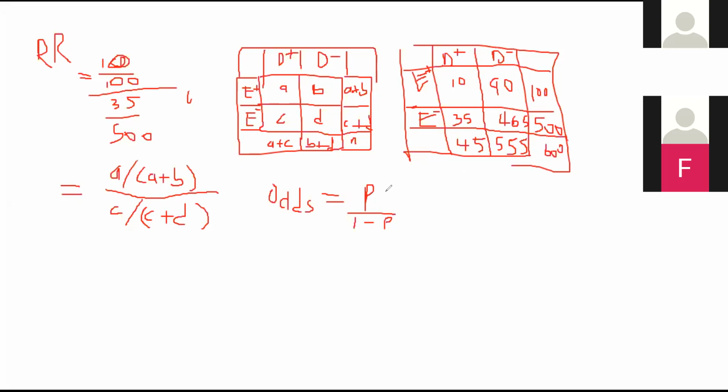Among these people that have this disease, what is the odds of smoking? It means the probability of smoking, which is 10 over 45, over the probability of not smoking, which is 35 over 45.